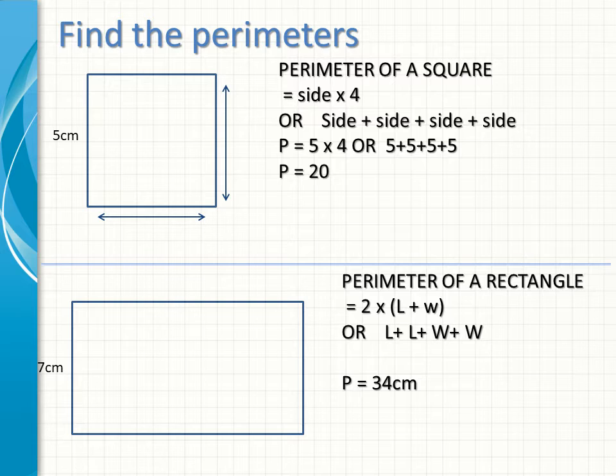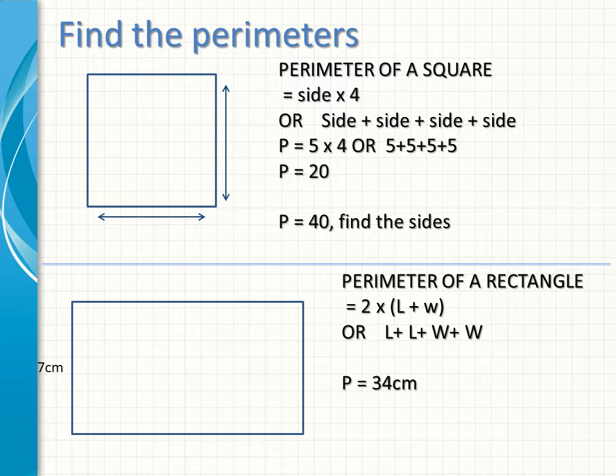But if on the other hand, we were not given the side and we were given only the perimeter, and we're asked to find the side of a square, how do we solve it? If the perimeter of this square is 40 and we're asked to find the sides, we don't know the sides.